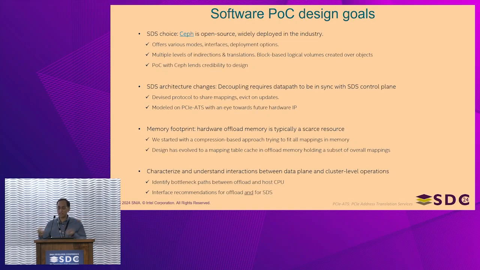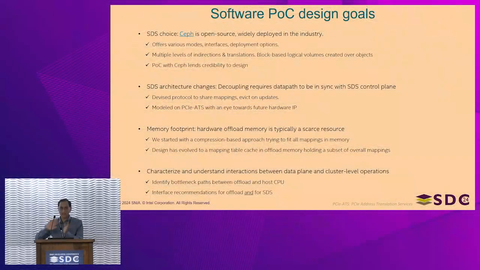If you think about it, the ATS is for devices which are looking for the virtual memory address and its translation. And here we're in the same space in the storage domain. We're looking at virtual extents on a logical block device, if you will, and the corresponding mappings of that, right? So that's why we went down this path.